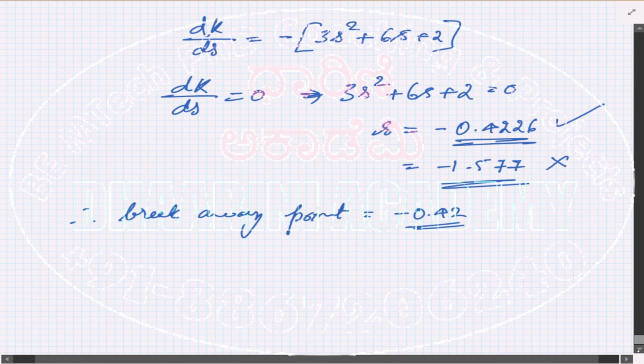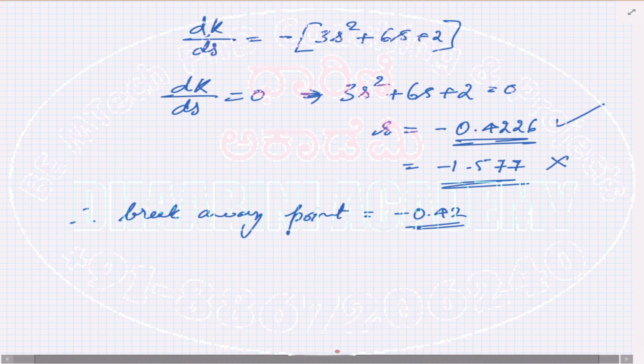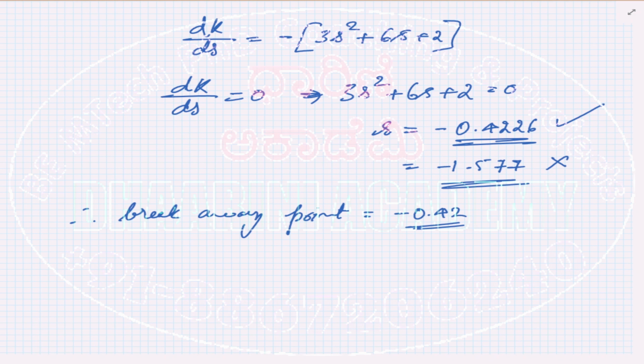How do we find that? We can find the equation 1 plus GH equal to 0. Correct? First we'll write that.